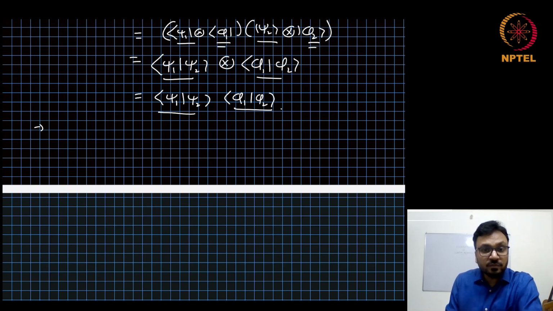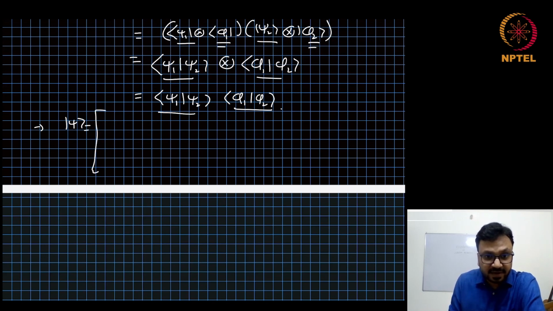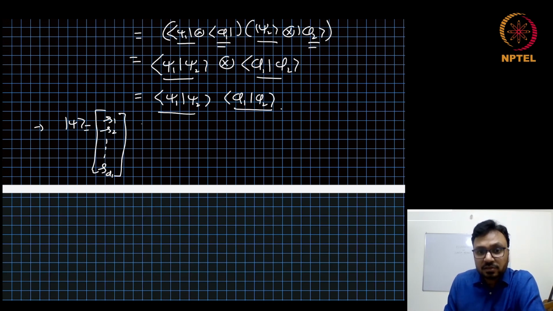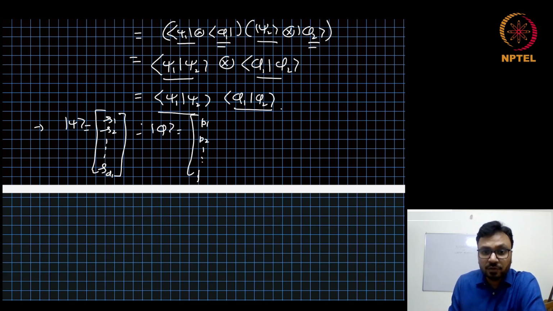Now, what we mean by the tensor product is, let us say psi is a vector s1, s2 up to s_d1. Some vector, we are not talking about normalization or anything, it's just a column vector. And phi is another vector, let us say with elements p1, p2 up to p_d2, where d1 and d2 are the dimensions of the respective vectors.